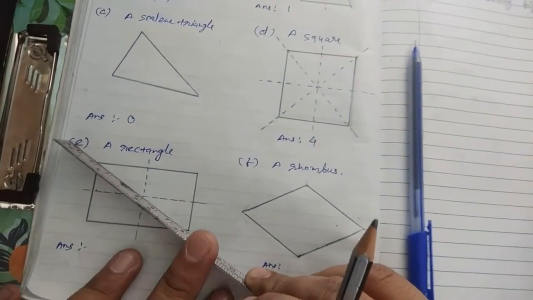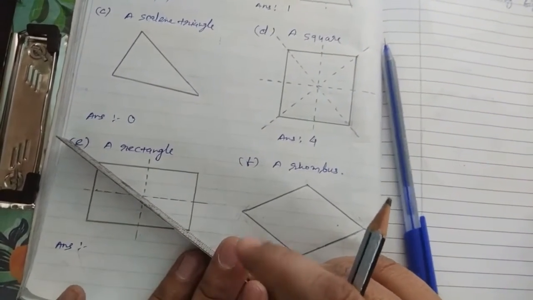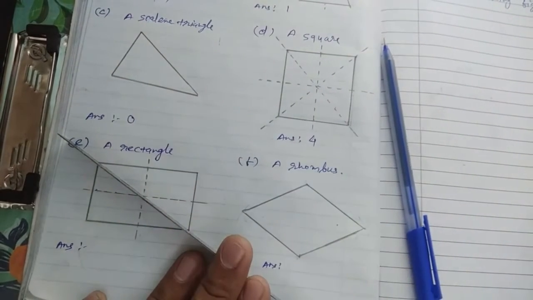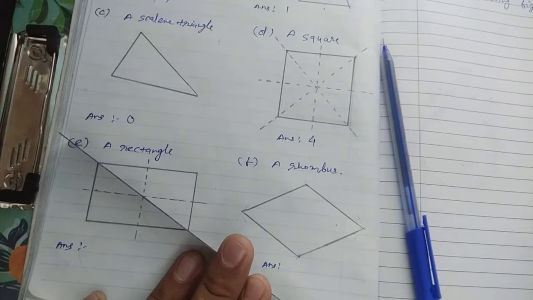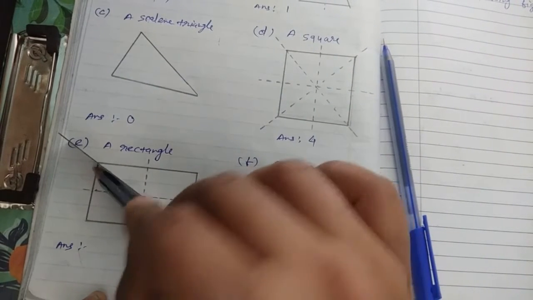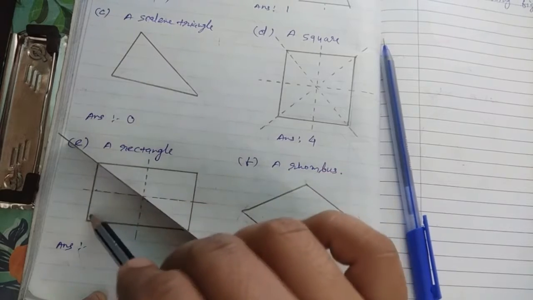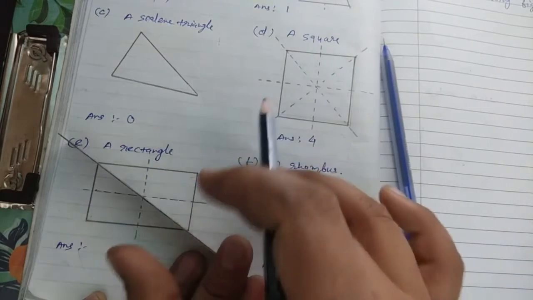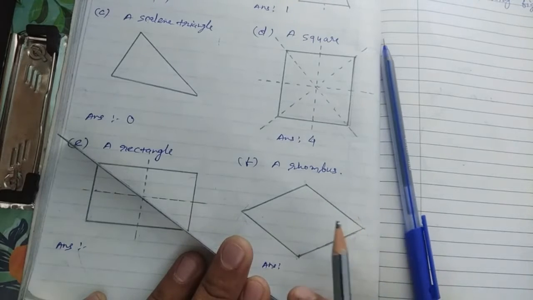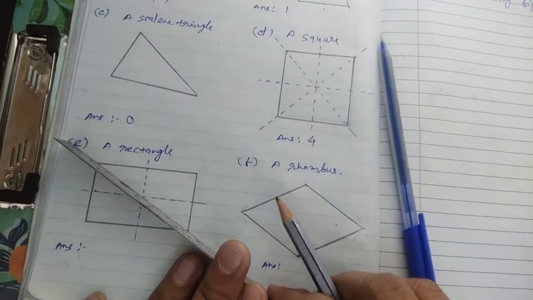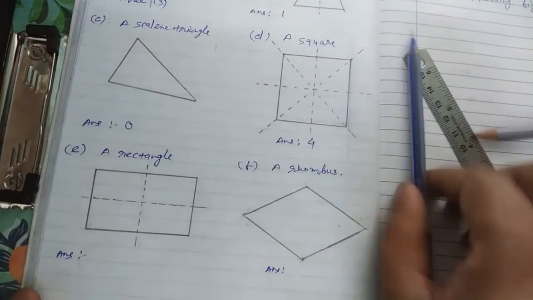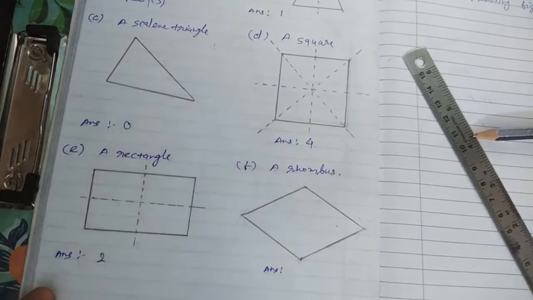Here we can see that these two parts look the same, but when we fold them they will not coincide perfectly, as this breadth is smaller than this length. That's why this diagonal is not a line of symmetry, and here also we will get the same. So in a rectangle we get two lines of symmetry.